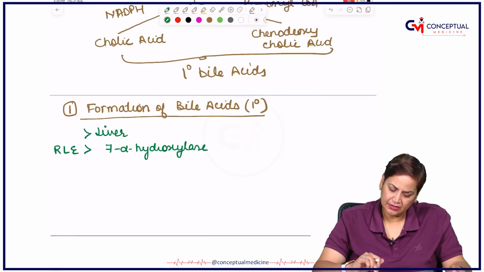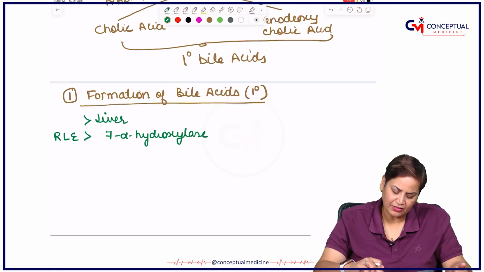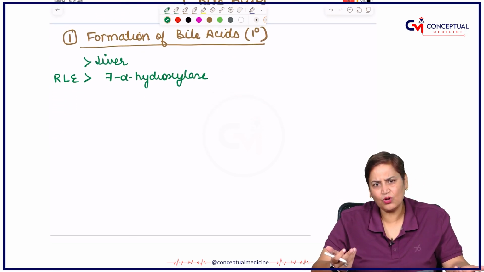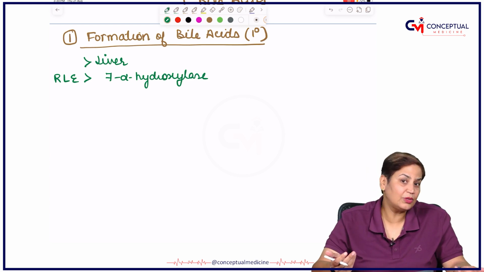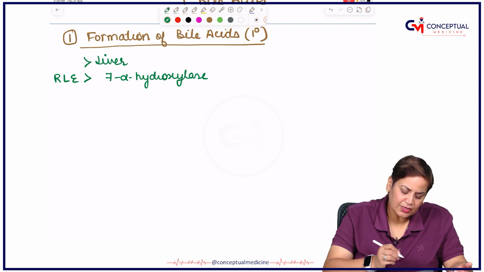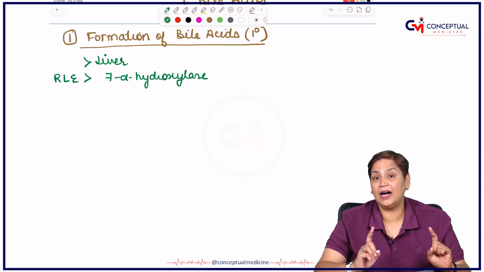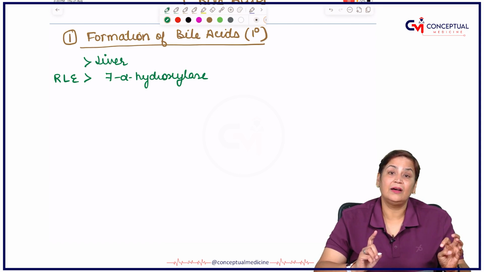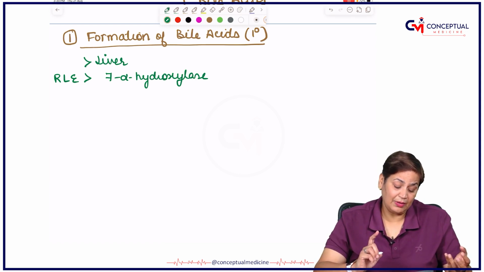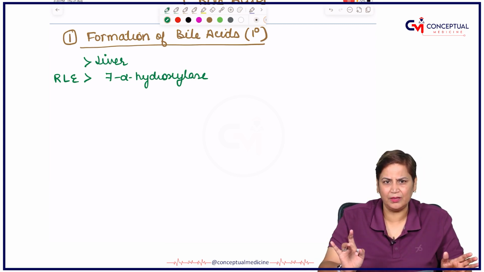I have already mentioned the names, so I am not going to repeat them, but I will just tell you again, whenever we talk about synthesis, we always talk about regulation. So the most important point here is how they are regulated, what is the process? So always remember, it is simple feedback inhibition.